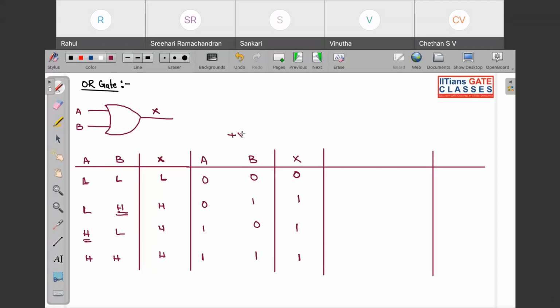If you want to draw it in negative logic, so this will be what? Okay, so this is in your negative logic. Tell me if this is clear or not. Is this clear? Any doubts in this? Any doubts? So this is the OR gate.